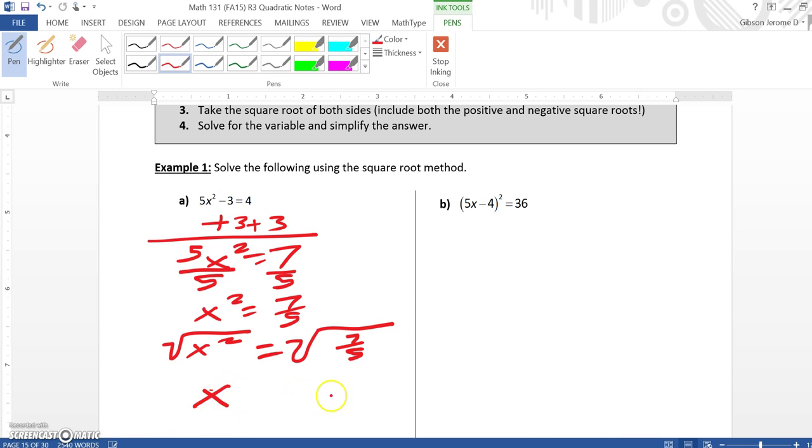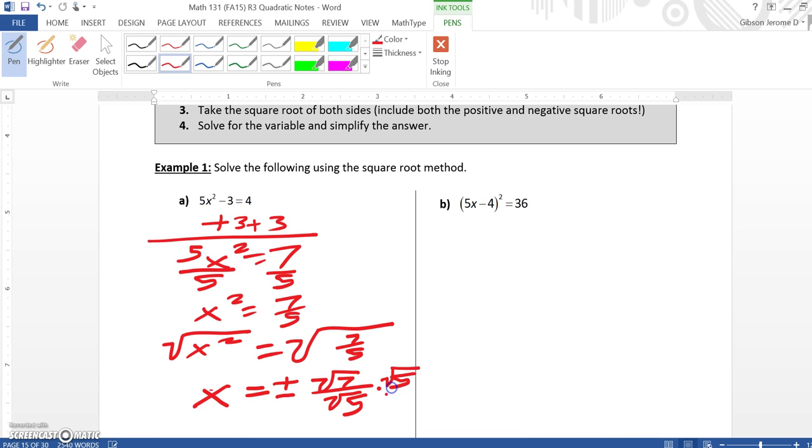So this will give us x, and it will be equal to, now since we took the square root of 7/5, we know our answer would be plus or minus the square root of 7 over the square root of 5. And then we need to get rid of the square root of 5 out of the denominator.